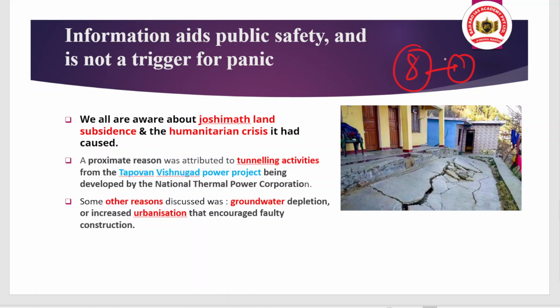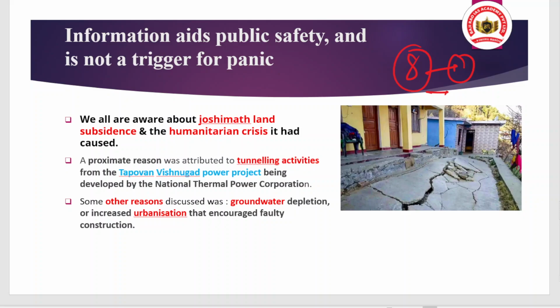Now why wasn't it released? The Uttarakhand government said that the report contains satellite images and international images, and that may create panic among the people of Uttarakhand.